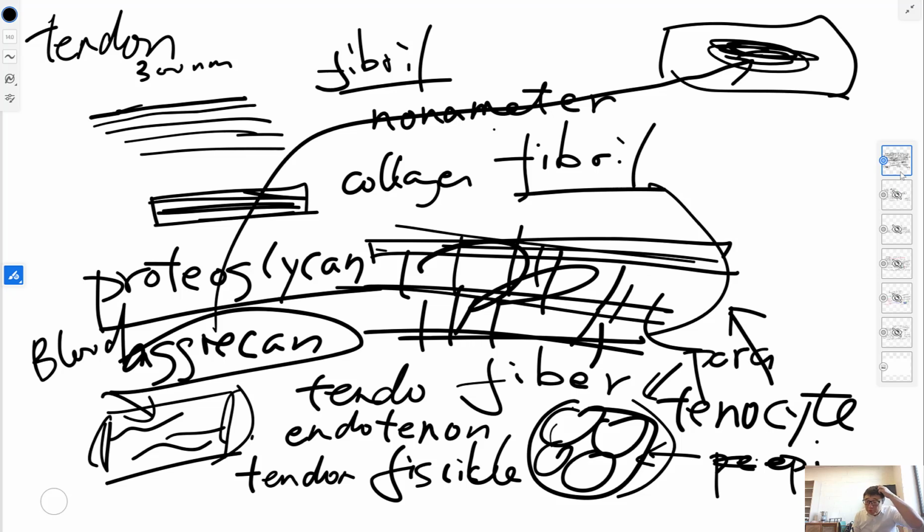Epitendon and peritendon give the tendon some cushion and lubrication to make it flexible for the tendon to move around in between other tissues, and the endotendon also makes it possible for tendon fibers and tendon fascicles to make relative movement. Overall, those loose connective tissues can reduce the tension within the tendon.